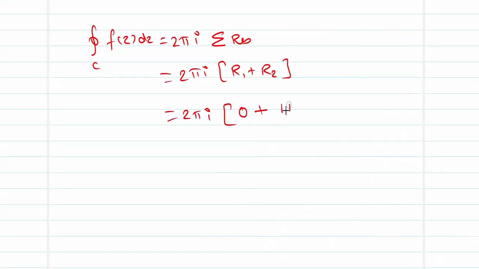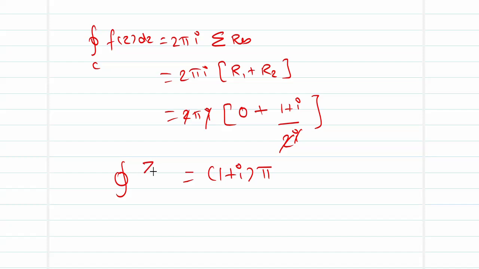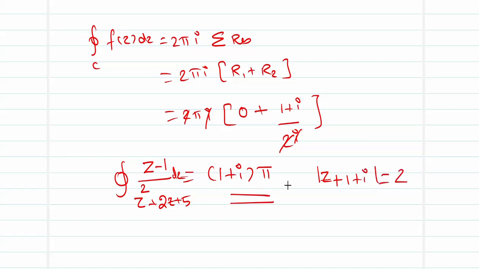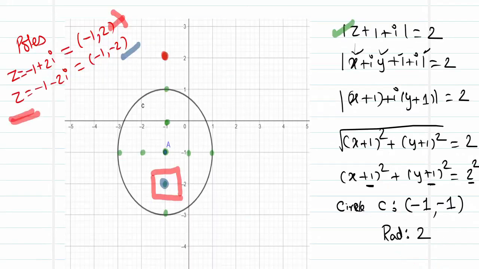So now the i can be cancelled off, 2 can be cancelled off, leaving us with 1 plus i times pi. So the evaluation of the integral z minus 1 divided by z square plus 2z plus 5 dz in the boundary modulus of z plus 1 plus i equal to 2 is given as 1 plus i times pi. So this completes our second subdivision.